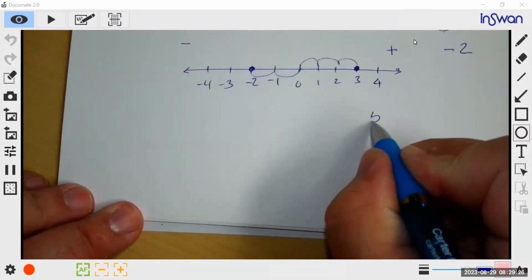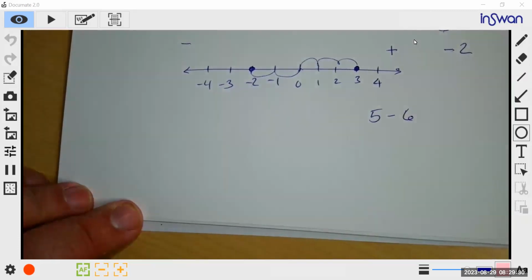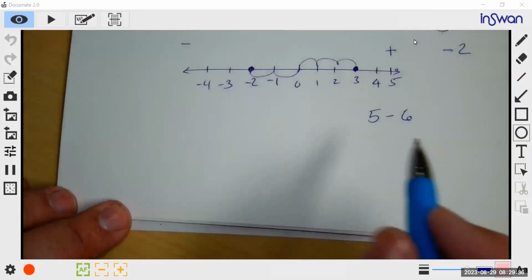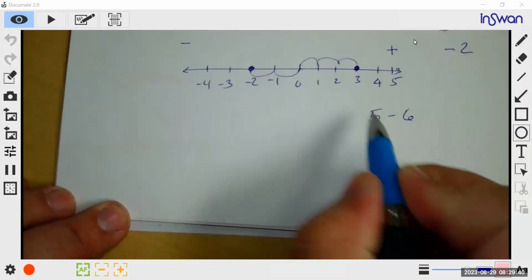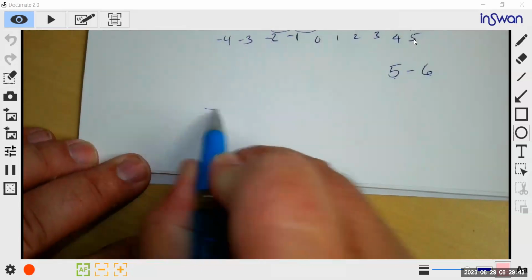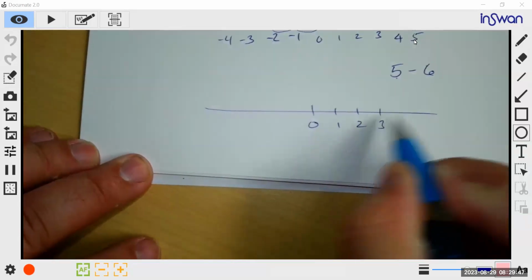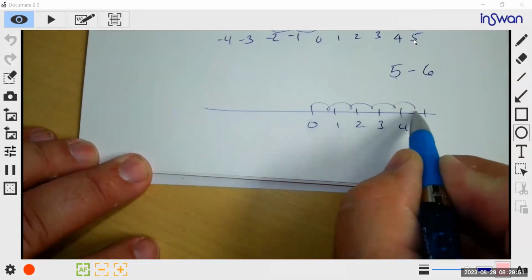And then you learned subtraction. How would you do it? Remember, back then you learned reading left to right. So you go to 5, start at 0. 1, 2, 3, 4, 5.